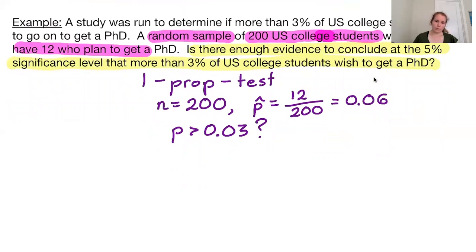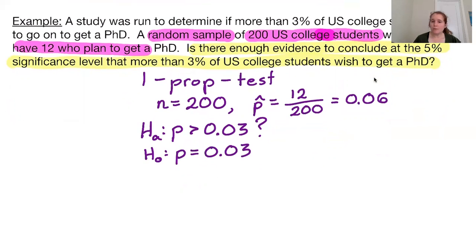So when we go run our test, we're working with a null hypothesis of p equals 0.03. We have n equals 200.